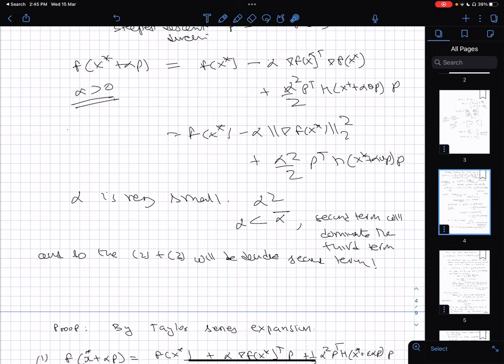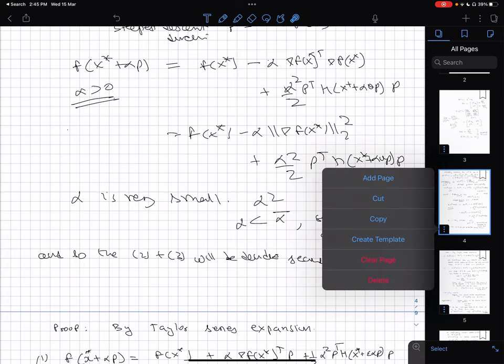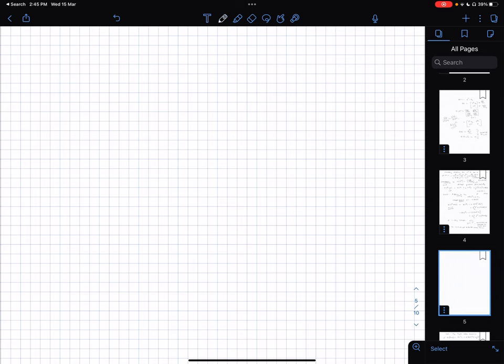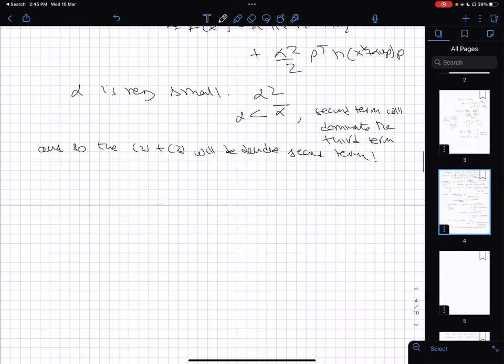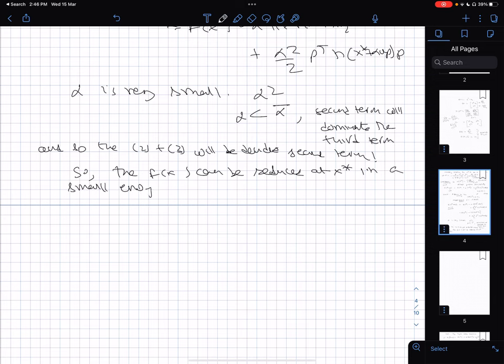So I come to the conclusion that f can be reduced at x star in a small enough neighborhood, which is a contradiction to what was given, that x star is a local minimum.